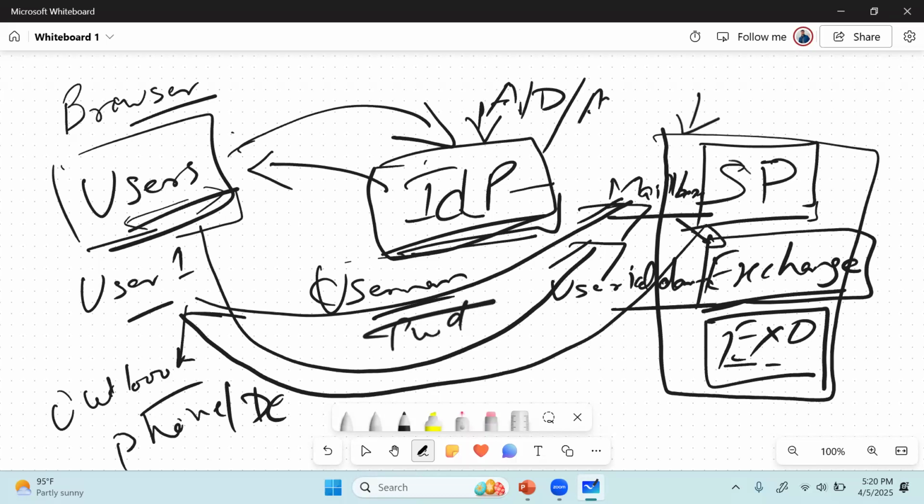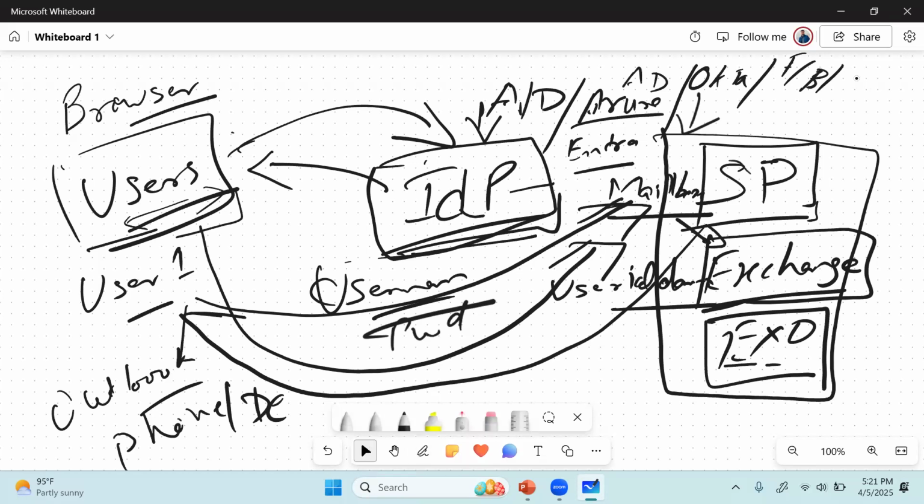Azure AD was the previous name, and Entra is the new name, which changed 2 years ago. This is an IDP. Okta, Facebook or Google, any system which can authenticate your identity and give you access to a service provider is known as an IDP. I'll give you one more example.